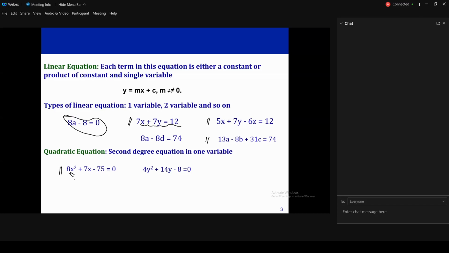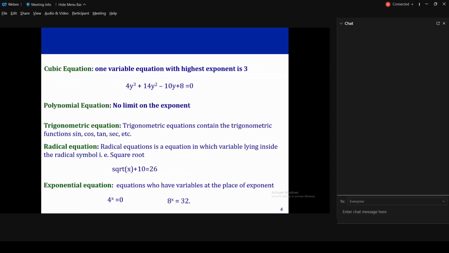Similar is the story for the second equation too.